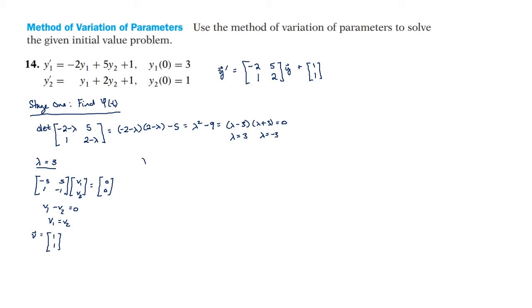I also need to find an eigenvector to go with lambda equals negative 3. We'll put negative 3 in there for lambda. That gives us 1 and 5 in the top row and 1 and 5 in the bottom row. We multiply this by our vector and come up with the 0 vector.